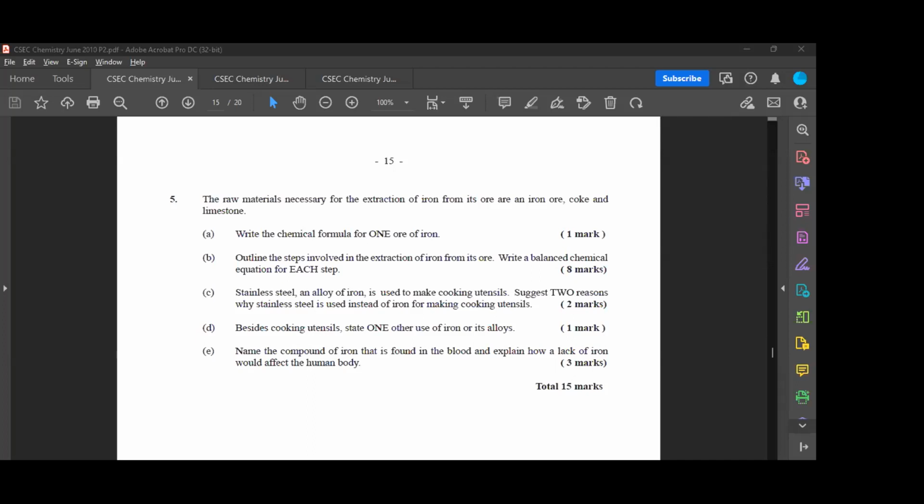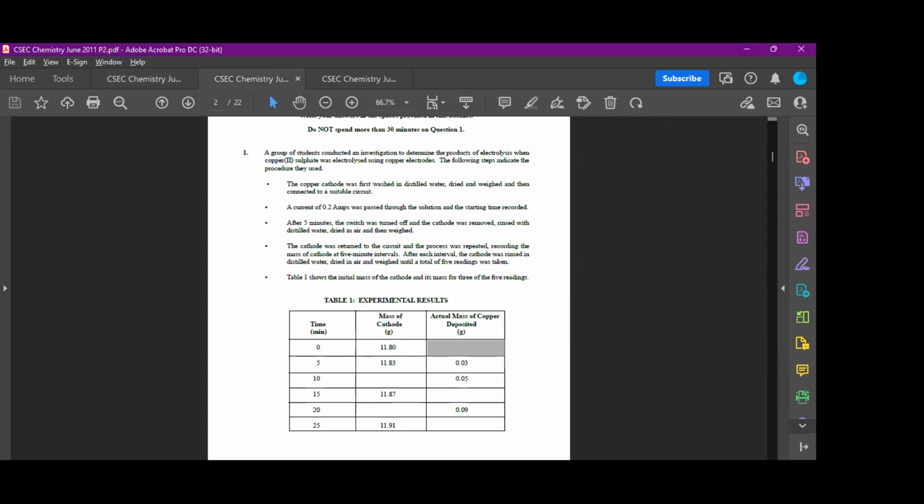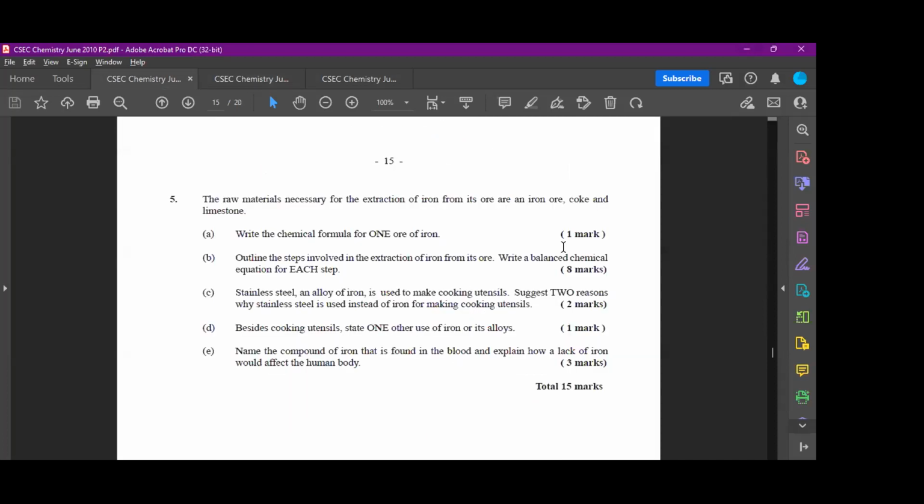All right, the last question asks about iron inside the body. Name the compound of iron that is found in the blood and explain how the lack of iron affects the human body.